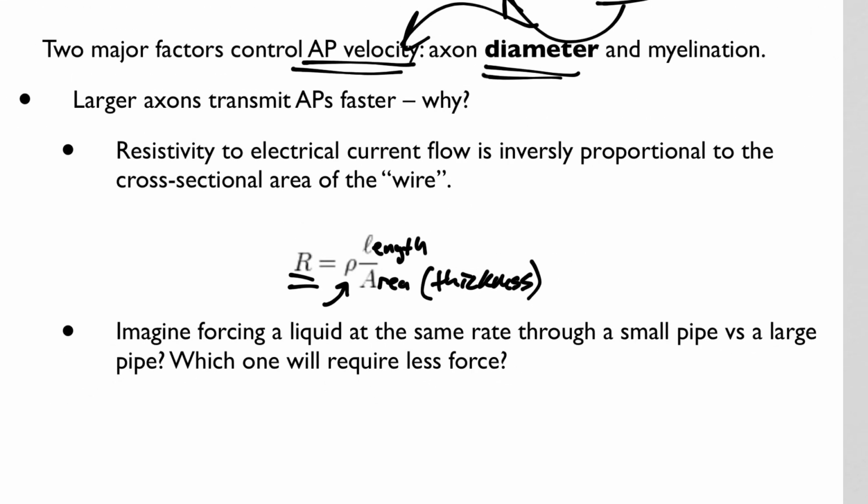And so the takeaway from this is, if your goal is to have your resistance be low, then that means the fastest traveling axons are going to be ones with a short length, because we would want this top number in our fraction to be low, and ones with a big cross-sectional area and be thick, because we would want this bottom number to be high. Because in the end, if you divide a small number by a large number, you get a low resistance.